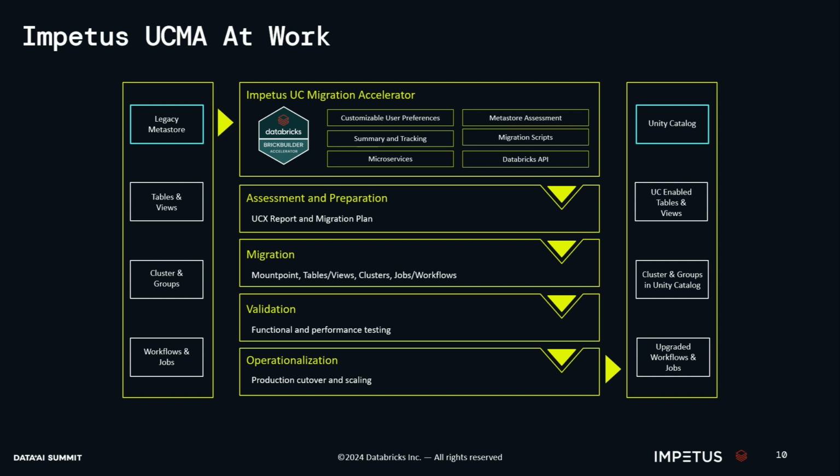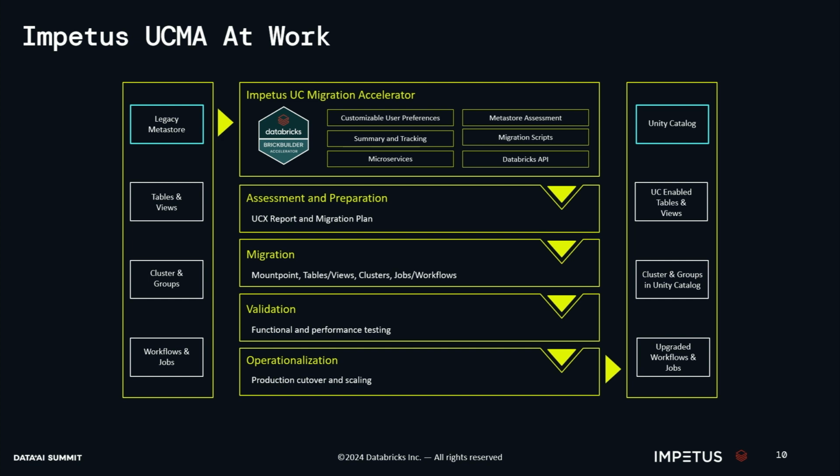The 4-step methodology that I was talking about, we start with an assessment. Basically, the assessment does a complete scan of your workspaces and your inventory. When I talk about the inventory, it is your notebooks, your tables, your views, your clusters, and so forth, and gives you a comprehensive report in terms of how ready your Databricks workspace is to migrate to Unity Catalog.